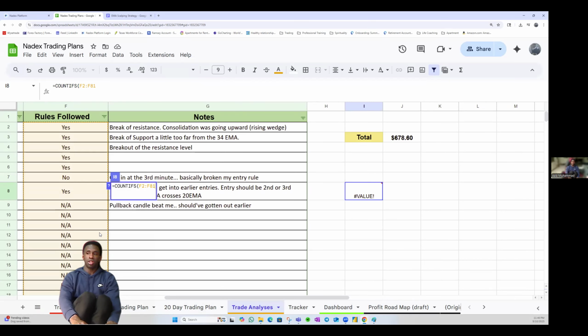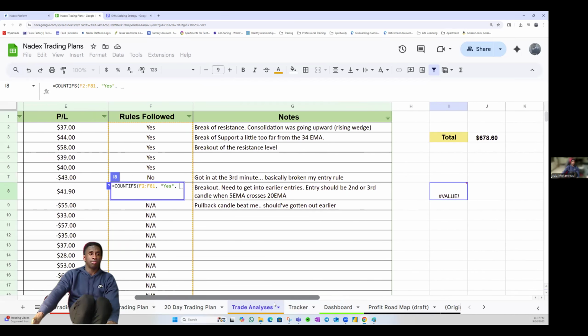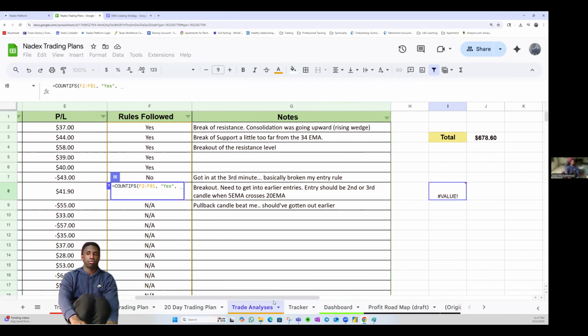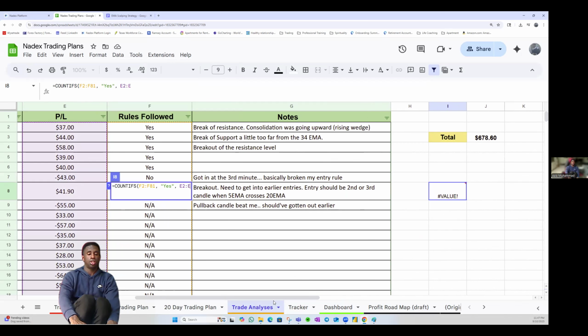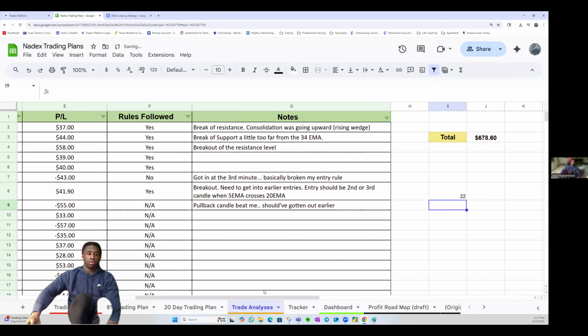I can always update it. Yes. And then column E, let's say E2 to E81. These are 22 wins.